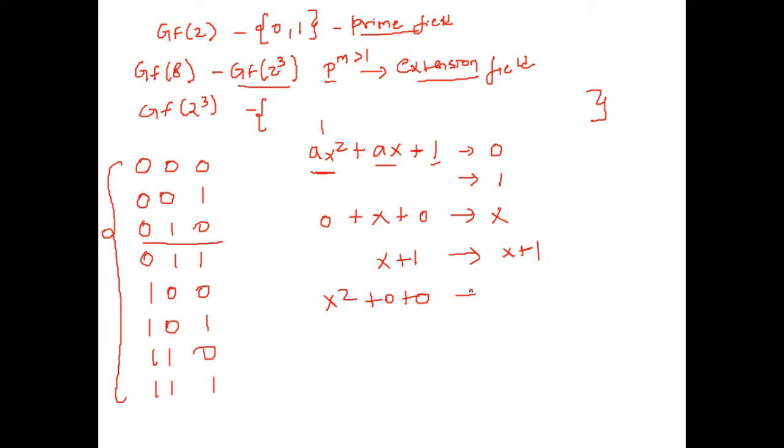So the polynomial we have is x^2. Likewise 1 0 1, what does that mean? This term is a 1, this term is not existing and this term is existing. So we'll say that is x^2 + 0 + 1, that is nothing but x^2 + 1.